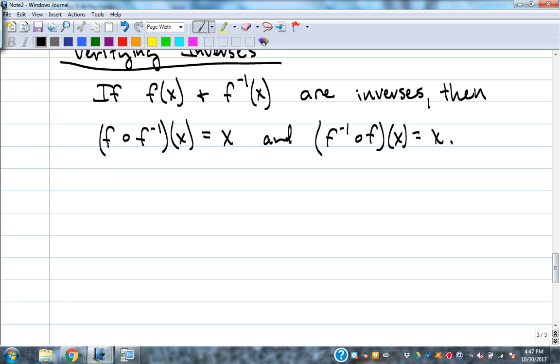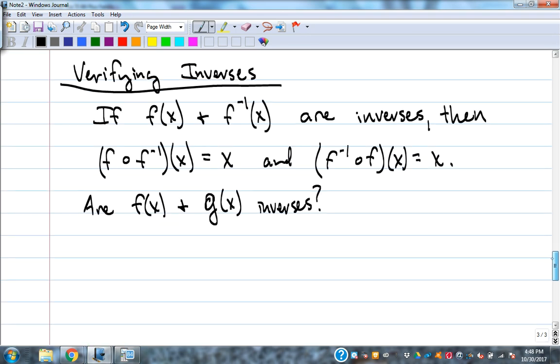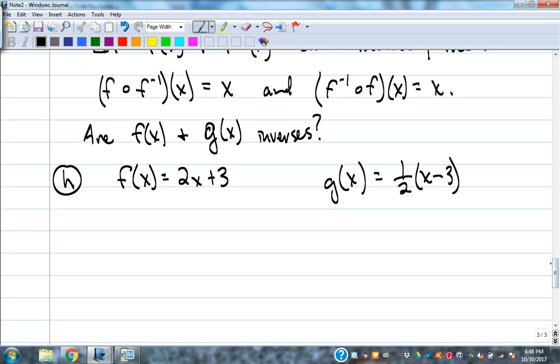So let's look at a couple of functions and decide, are they inverses of one another? Are f of x and g of x inverses? I have no idea what letter we're on. H. F of x is 2x plus 3. G of x is 1/2 times (x minus 3).